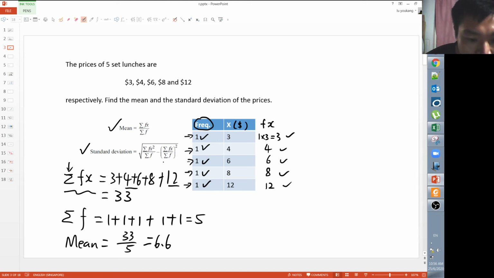Just look at this term first. I hope you can see this term is actually your mean, right? Can you see it?